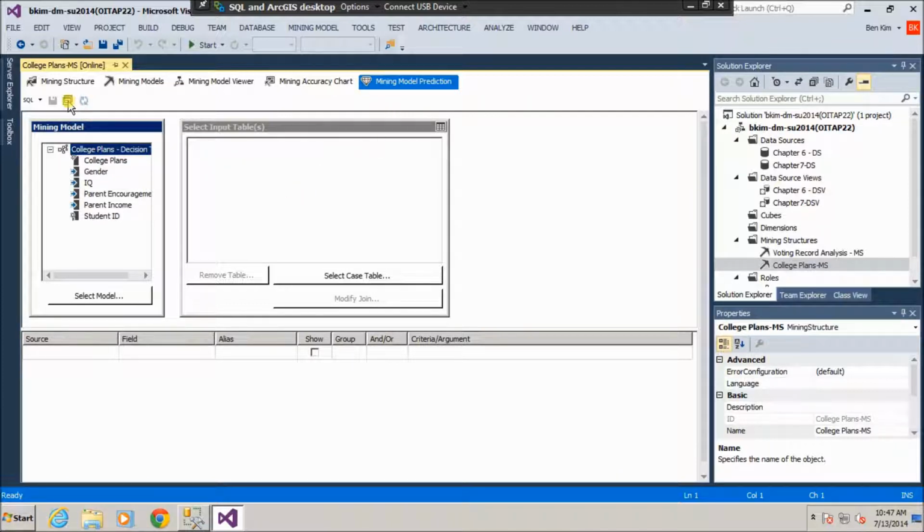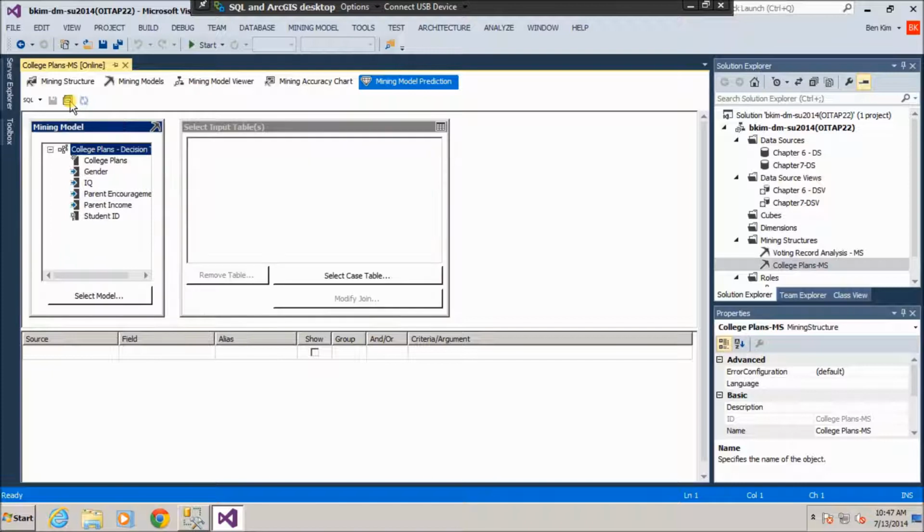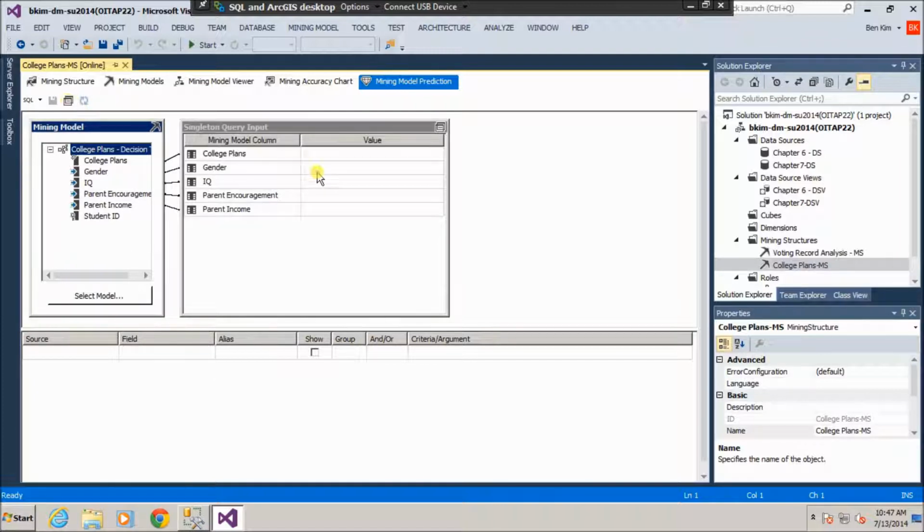Let's go to a singleton query. There are two ways of getting prediction, as I told you last week. You can do a singleton query, or you can actually use a database to make predictions about many people. In this case, let's use a singleton query.